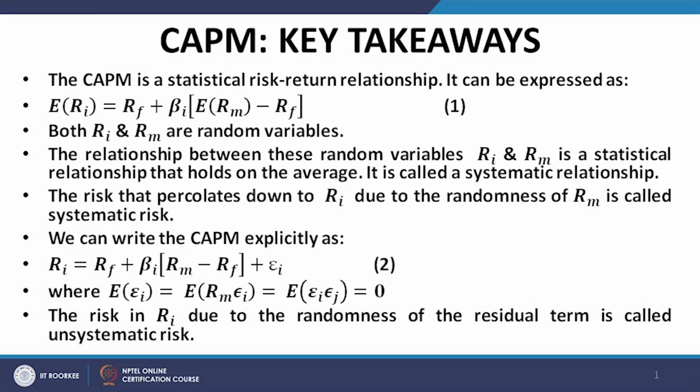As far as the CAPM is concerned, we can write the CAPM relationship explicitly in the form of equation 2, where we have introduced a residual term which captures the portion of the return that is not derived in relation to the excess market returns, or that is not derived due to the systematic relationship between R I and R M. And this is the random term epsilon I.